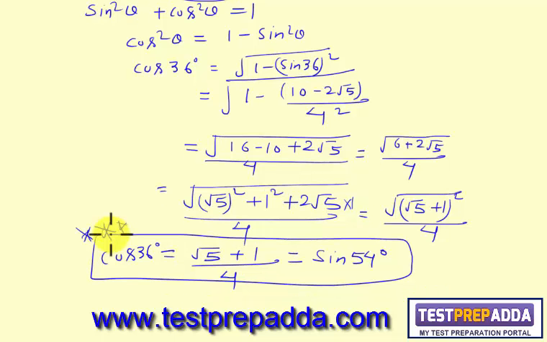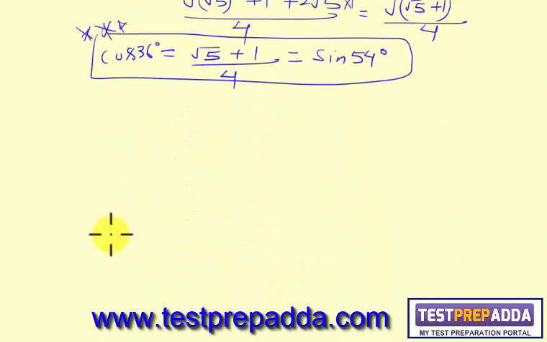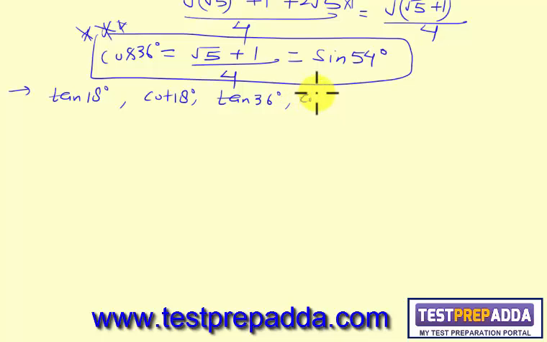So it is your job to find tan 18 degree, cot 18 degree, tan 36 degree, cot 36 degree, tan 54 degree, cot 54 degree, tan 72 degree, cot 72 degree. These values you find.